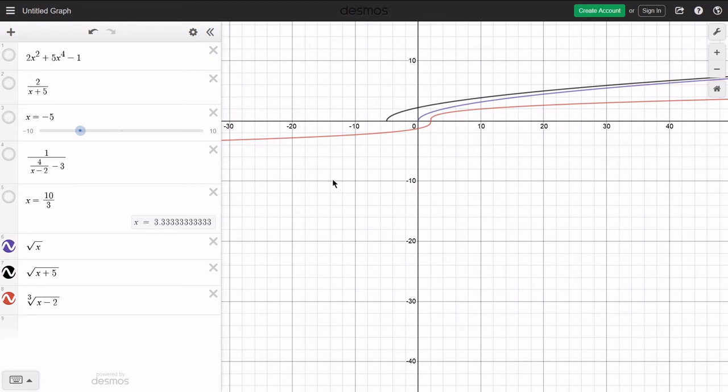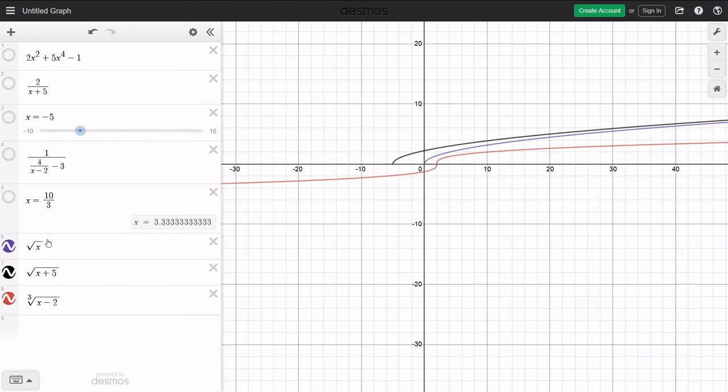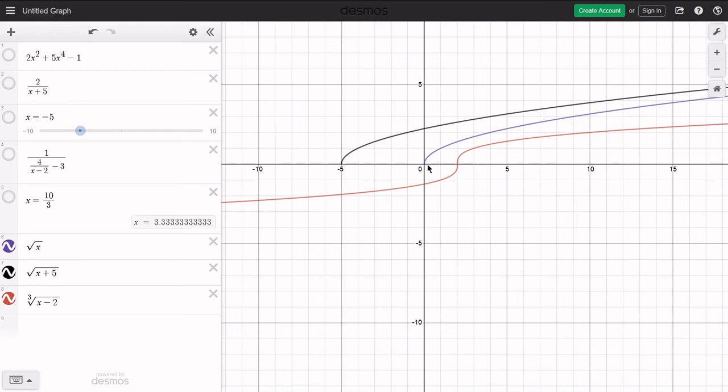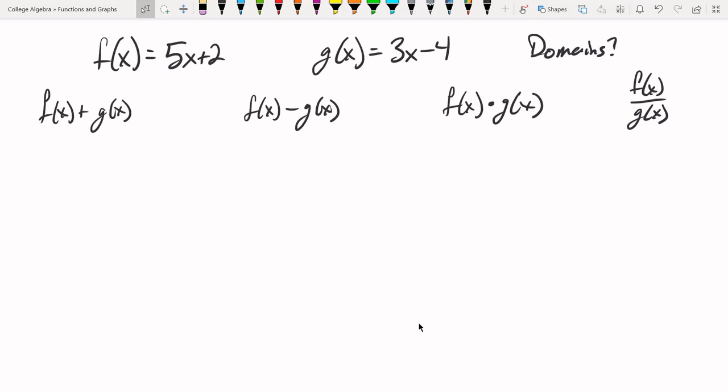And the cube root function goes off towards negative infinity that way. So these two things have a range of 0 to positive infinity, including 0, since 0 is included right there. And this one, this cube root function, has negative infinity to positive infinity for its range, since it can touch everything.